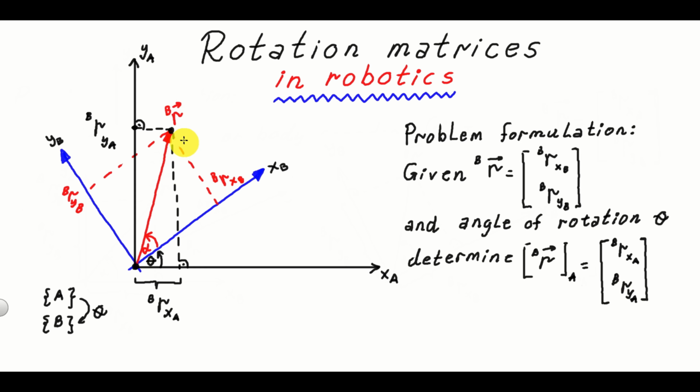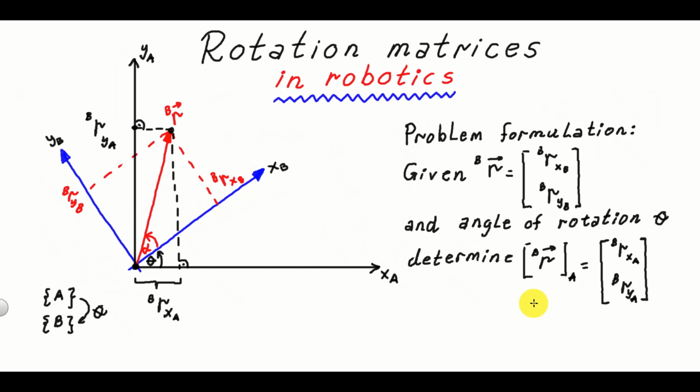What are we given? We are given this projection, that is the projection of the vector RB in the coordinate system B, and we are given this angle theta, and we want to determine this projection and this projection. That is, we want to determine the projections of the vector RB in the coordinate system A.